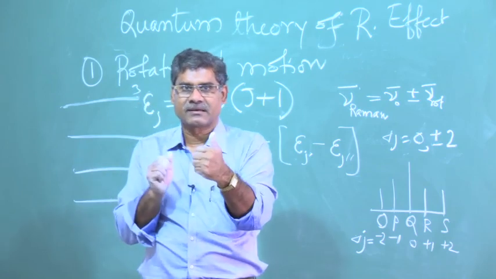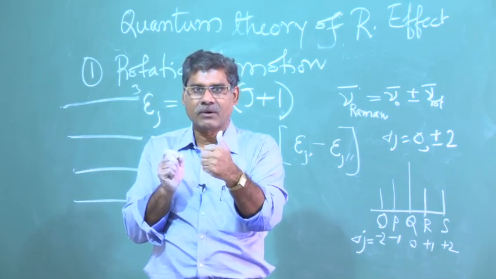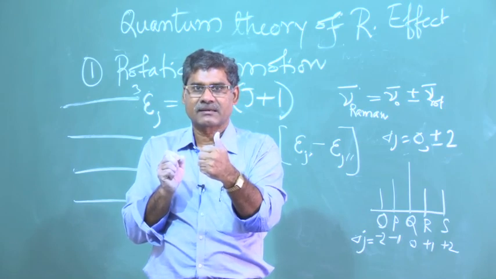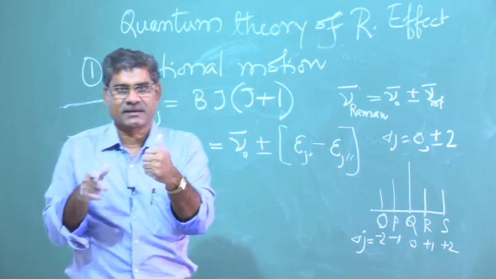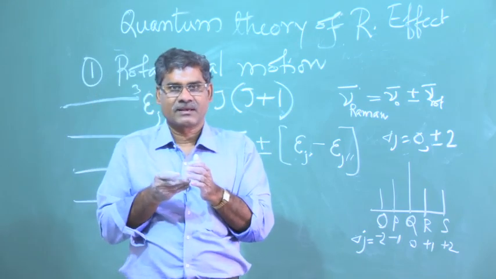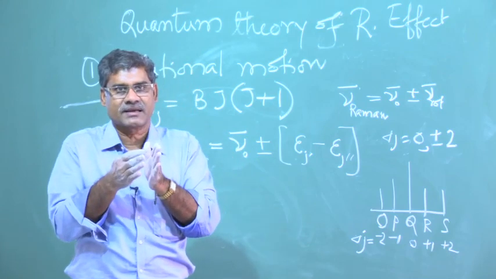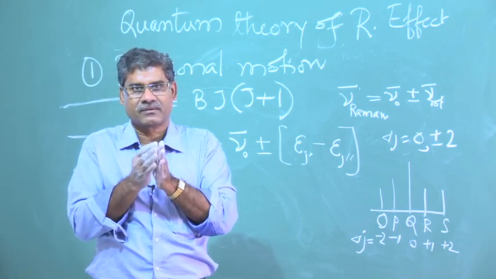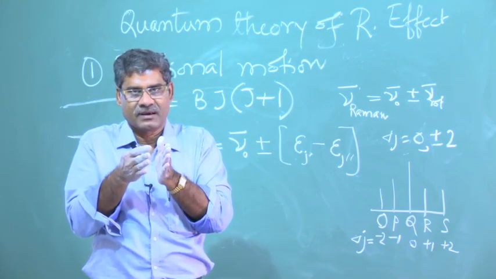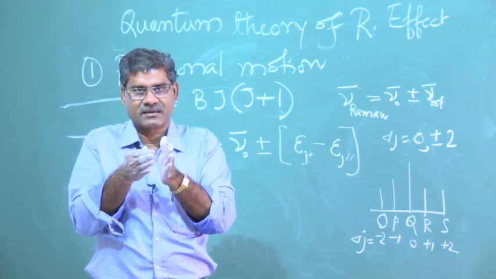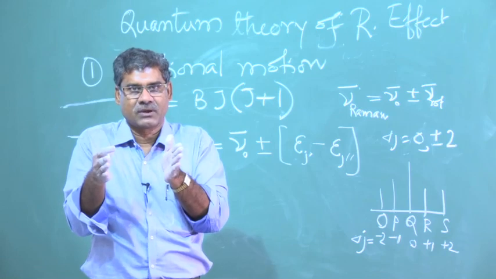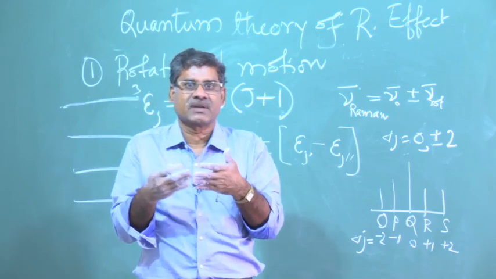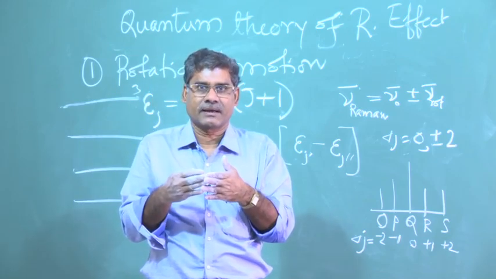And if the electric field is perpendicular to the bond axis, then the change of polarization or polarizability is difficult in this cross direction. So, there will not be much change of the polarizability.